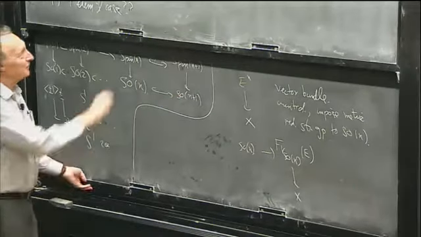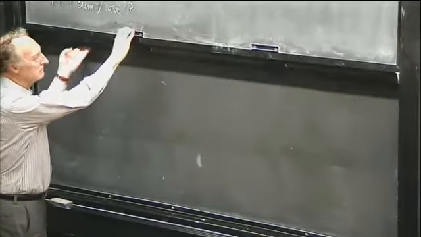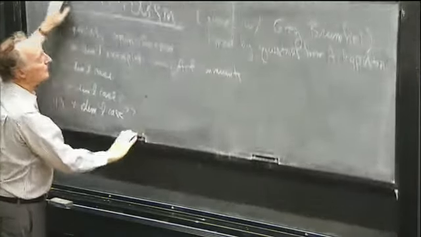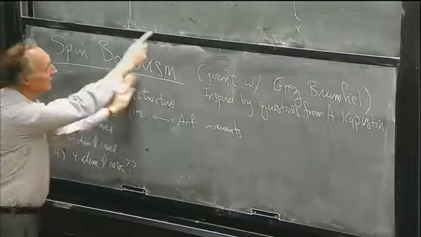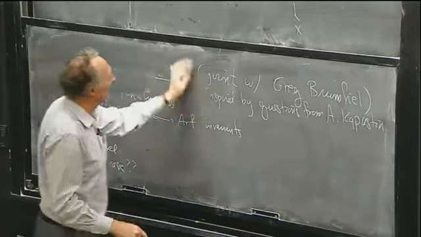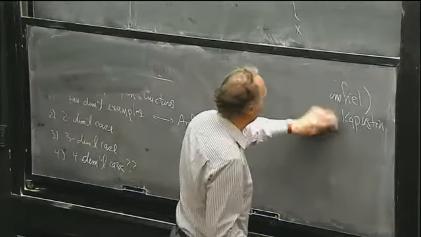And we say a spin structure on this bundle is a lifting of this SO(n) bundle to a Spin(n) bundle.